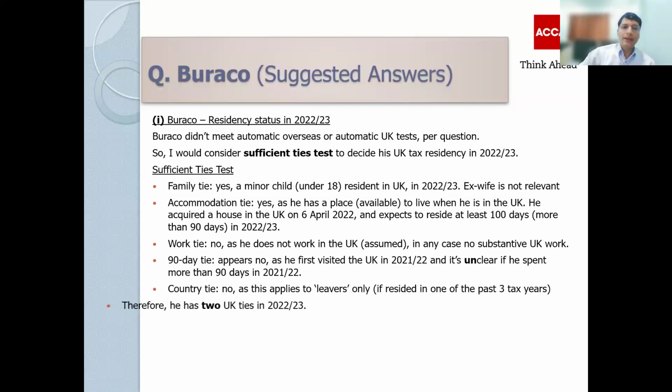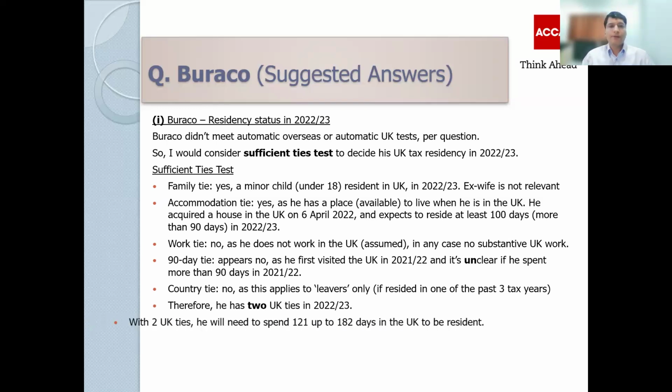So now let's see. In his case, only 2 ties are applicable: family tie and the accommodation tie. Let's look at things further. With the UK ties, if you look at the tax table, the second page, he will need to spend between 121 days up to 182 days.